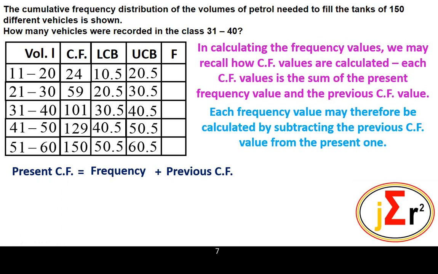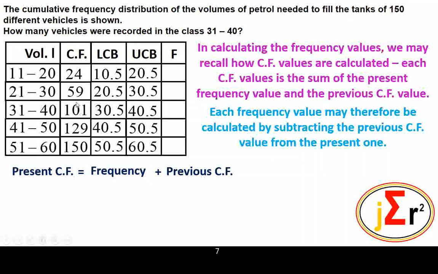There's no mystery to it. It is like a regular thing for us in CXC CSEC. It is just that on this occasion we are required to find the frequency values if we have the cumulative frequency values. Now, some might want to just look at this one and say, well, we have 24 here. What do we add to 24 to give 59? That will go here.